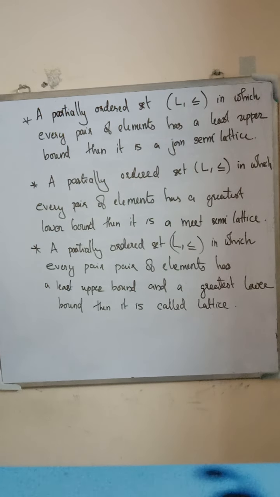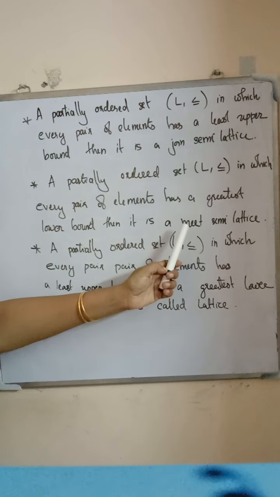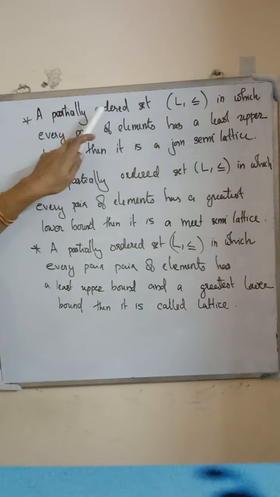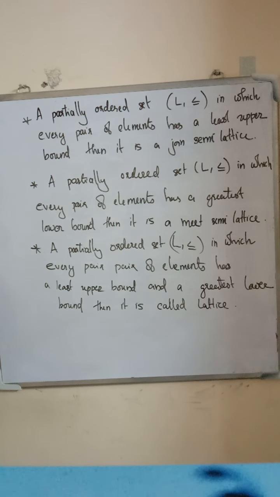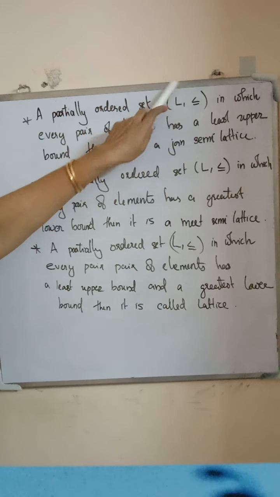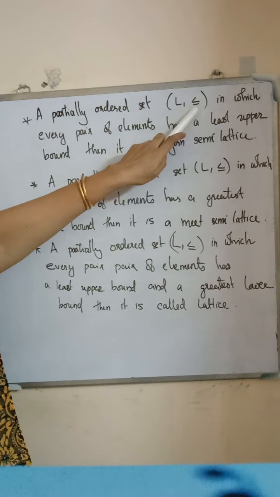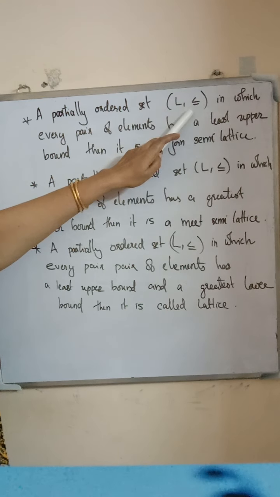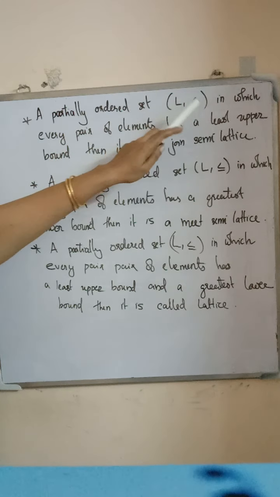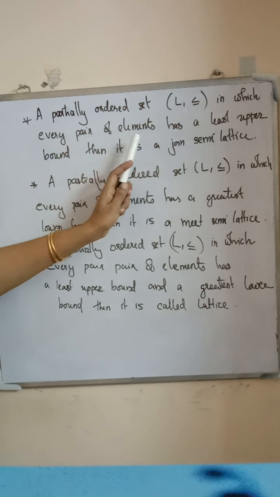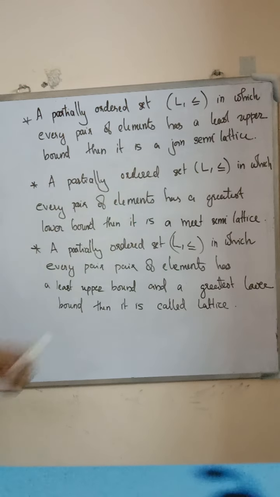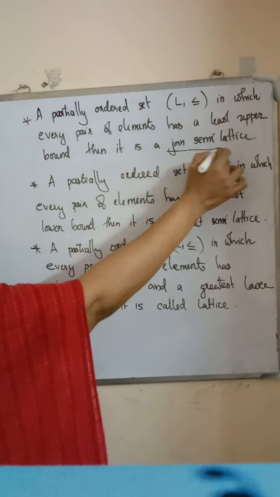Now we define the terms join semilattice, meet semilattice and lattice. A partially ordered set means a set L together with a partial order relation. This less than or equal to represents a partial order relation. Consider a partially ordered set in which every pair of elements has a least upper bound, then it is called a join semilattice.